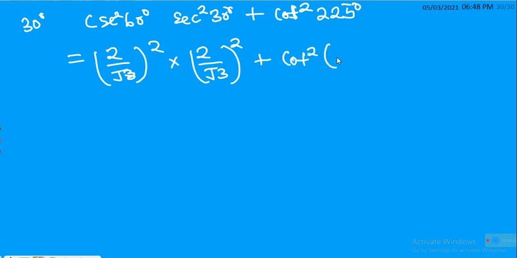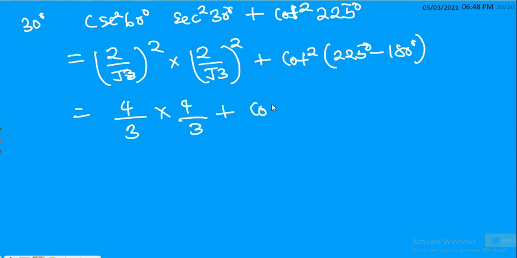This is in the third quadrant, so that is 225 minus 180, and of course it is positive because it is in the third quadrant. So this is 4 over 3 times 4 over 3 plus cot square 45 degree, which is still positive.